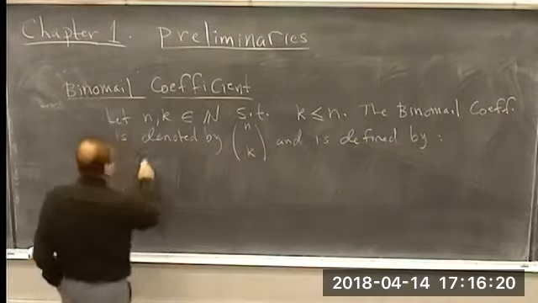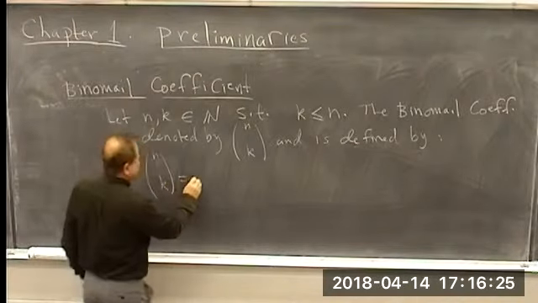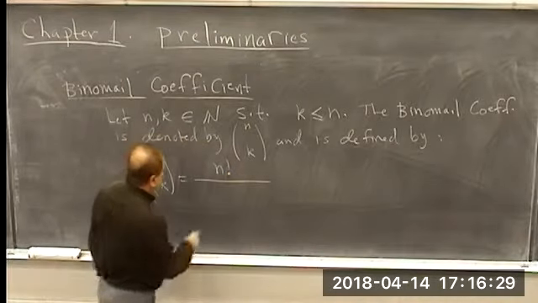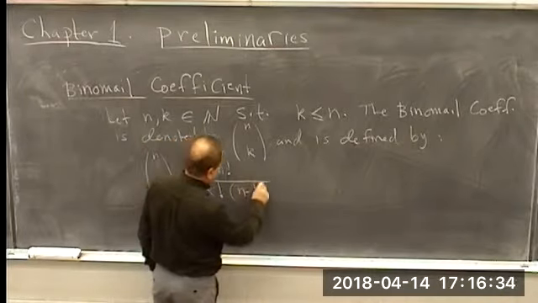Okay? So n choose k is equal to n factorial over k factorial times the factorial of the difference n minus k.